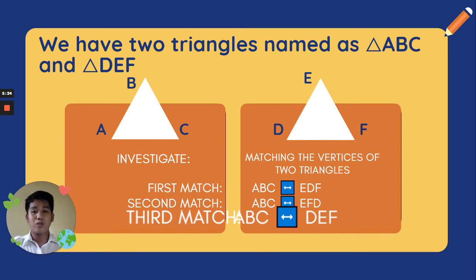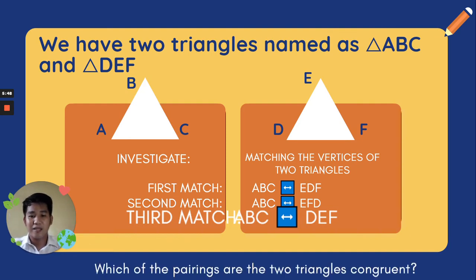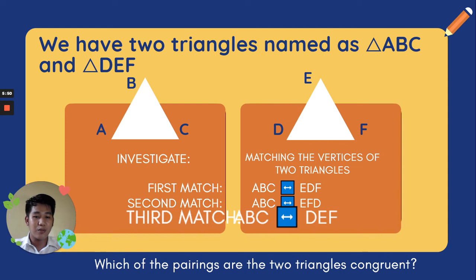When we match these two triangles, let's say we superimpose them, we will see that they are the same, identical in form, meaning they are congruent, same size, same shape, everything. Okay. Which of the pairings are the two triangles congruent? Okay, the third match. ABC corresponds to DEF. Therefore, triangle ABC is congruent with triangle DEF.